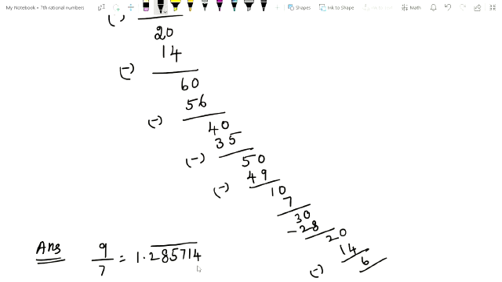This is a recurring decimal. So what is the answer, children? 1.285714 bar. Do you understand, children? Do you have any doubt? Okay, children. Thank you, children.